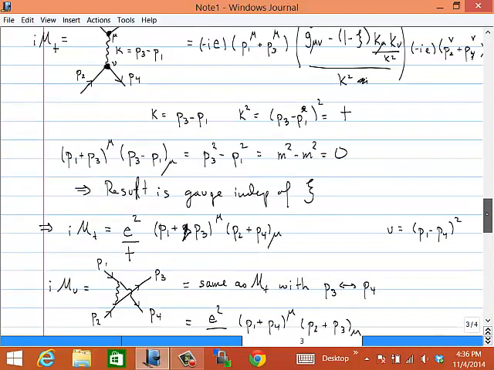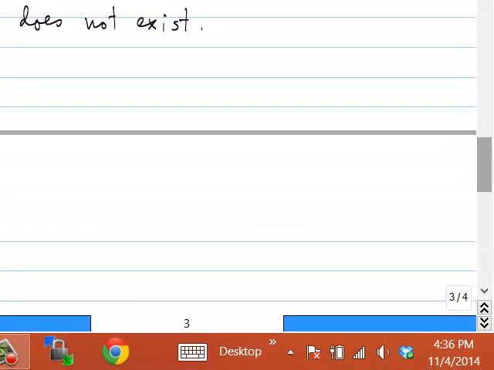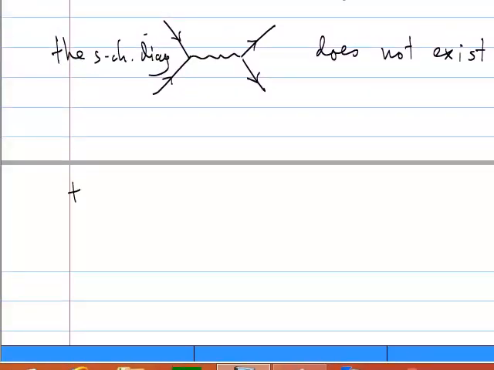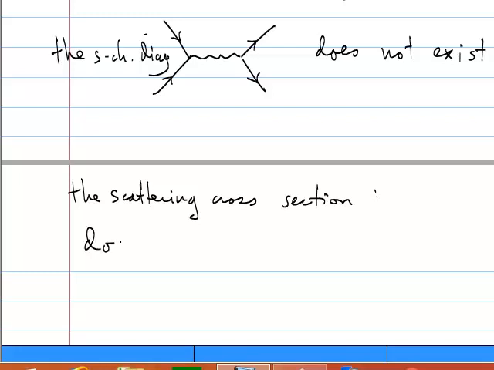So now, if you wanted to go ahead and do it, you could compute the scattering cross-section, which is literally the probability that these two electrons will scatter off of one another into some solid angle omega.